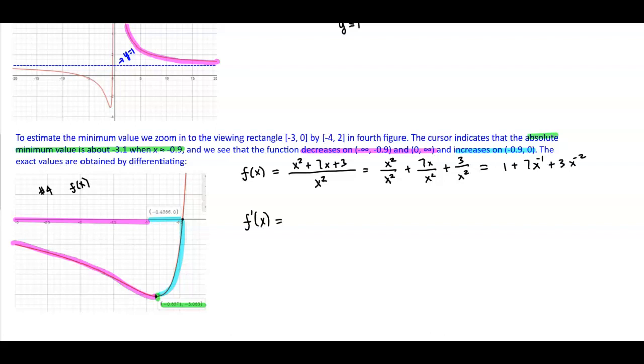We're going to get 0 minus 7x to the -2 minus 6x to the -3. So therefore, it's going to be -7 over x squared minus 6 over x cubed. And if we find a common denominator, we end up with -7x minus 6 over x cubed for the first derivative.